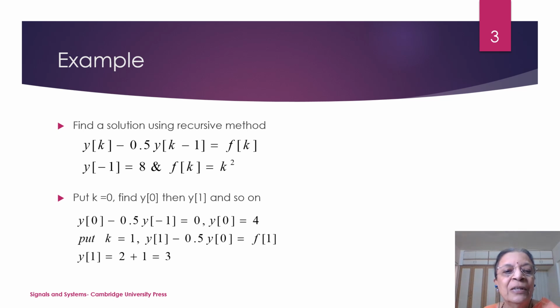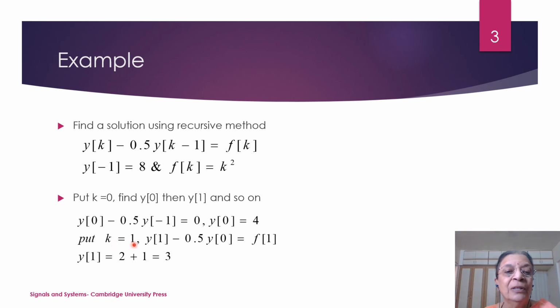So what will be y0? When I put k equal to 0, I get y0 minus 0.5 y[-1] equal to 0. And in this case, we can write down the value of y[-1] as 8. So it will be y0 minus 4 is equal to 0. So y0 is equal to 4.